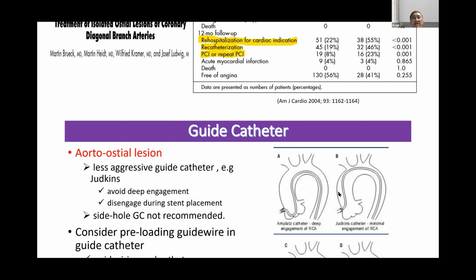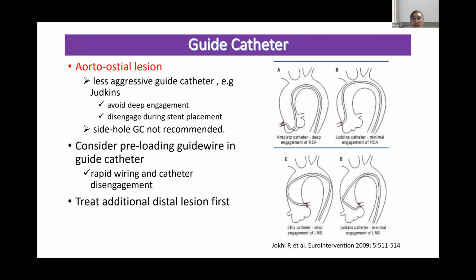Once we decide on the PCI, then the guide catheter selection is important, and generally for aorto-ostial lesions, a less aggressive guide catheter, for example the Judkins catheter, will be one of the preferred choices.